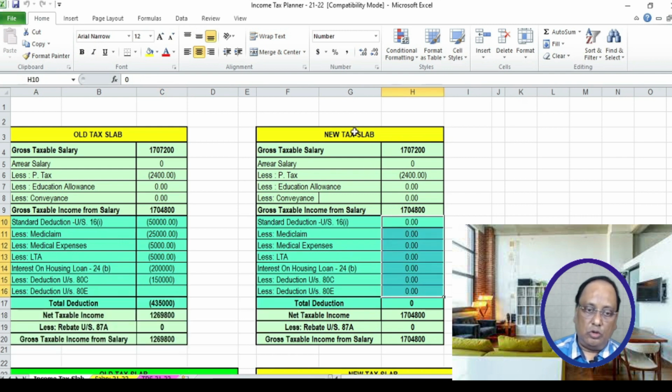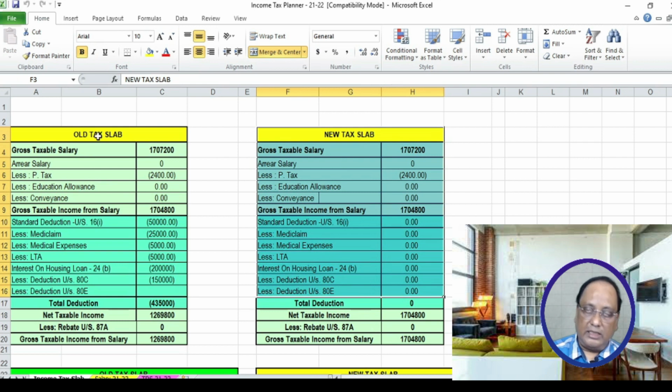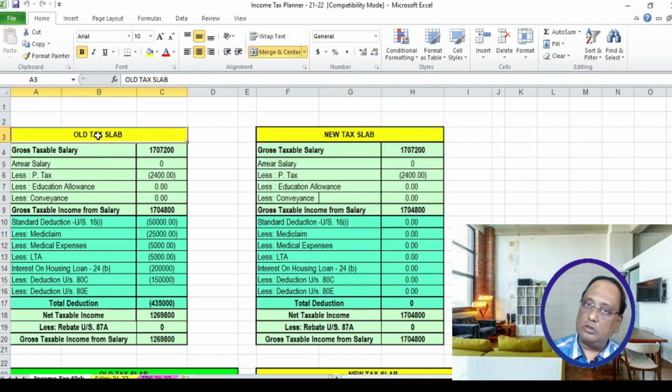So what is the basic difference of that? Your net taxable income is high under the new tax rate, so you have to pay more tax under the new tax slab. Alternatively, you should go by the old tax rate because it is the lower part, so automatically you will get the full benefit of the old tax rate.